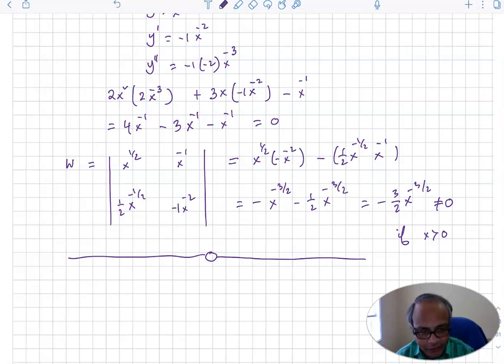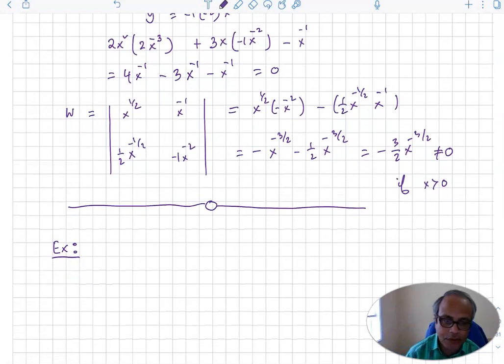For a second order differential equation, you would need a set of two functions. First, you verify that each function is a solution: just plug into the differential equation and check whether you get a 0. And then the second point is you check the Wronskian and figure out whether the Wronskian is not 0. Wronskian has to be not 0. Then you know that this is a fundamental set of solutions.